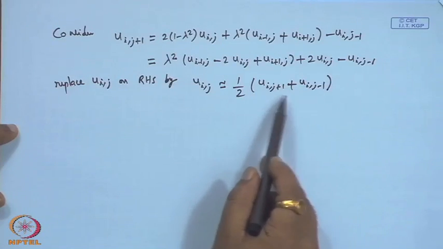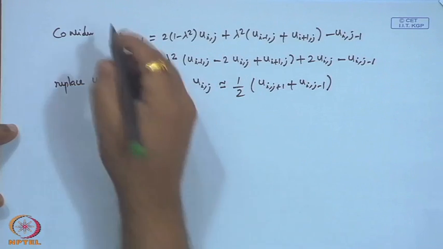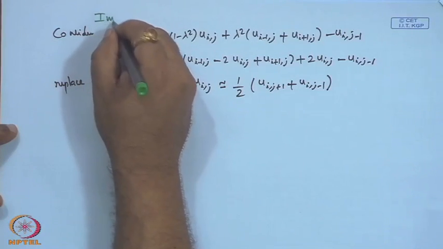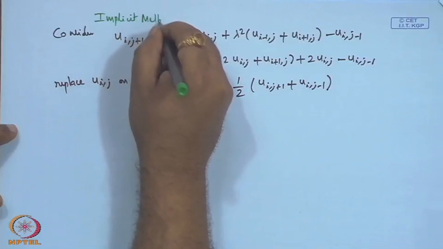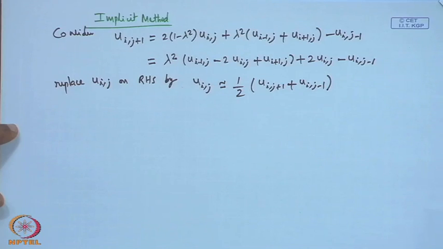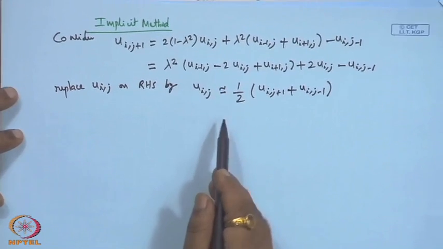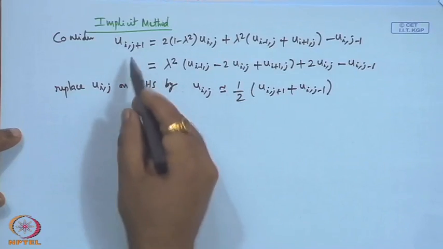Then only this becomes implicit. So, what we are trying to attempt is an implicit method. All that we are doing is introducing more time levels. Okay. So, let us see what happens.